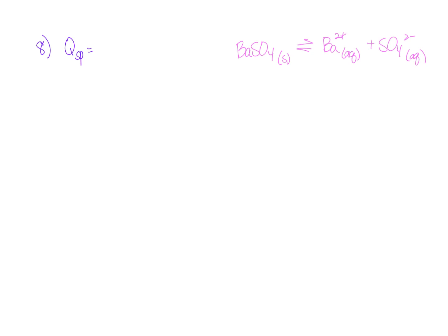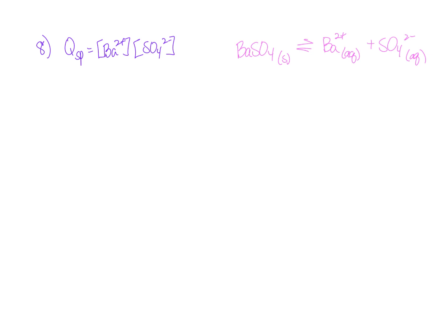So if I were writing my Qsp, I would have the concentration of Ba2+ times the concentration of SO4 2-. So what this means is that I need the concentrations of Ba2+ and SO4 2- in this new solution that I've made.